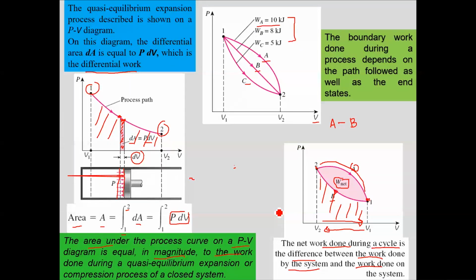So if your states are fixed, the net energy change would be what? 0. All right, I'll explain it a little. If you have moved from state 1 to state 2 and then back from state 2 to state 1, the change in energy is what? Sir, 0. The change in energy is 0.